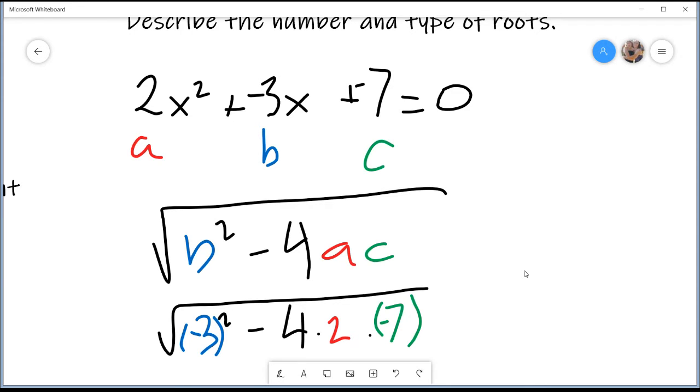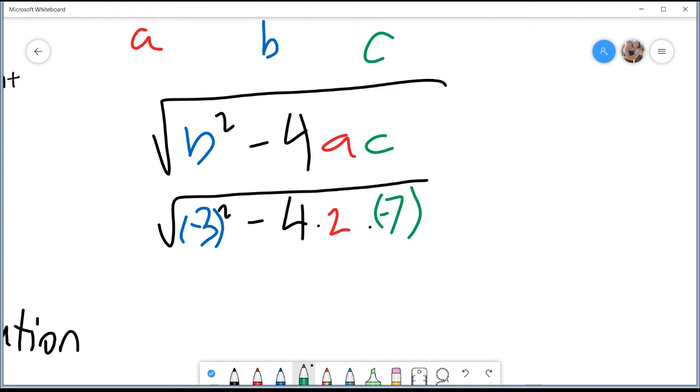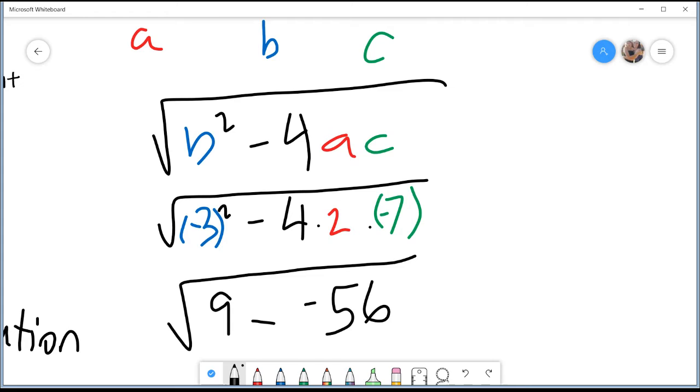So now we can go through and figure out what's going to be inside the square root. The first part is negative 3 squared. That is negative 3 times negative 3, which is a positive 9. 4 times 2 is 8. 8 times negative 7 is negative 56.